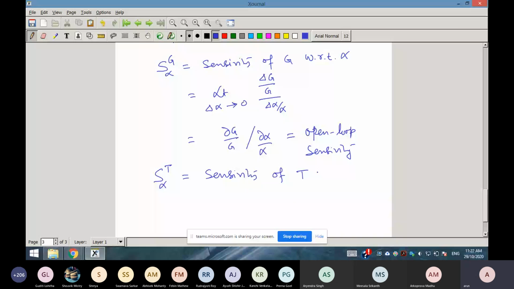That means as your alpha changes, what is the sensitivity of the closed loop transfer function T with respect to alpha? That we are denoting as S_alpha^T. So T equals GC upon 1 plus GC. So this is equal to, again using the same definition, delta T by T divided by delta alpha by alpha.